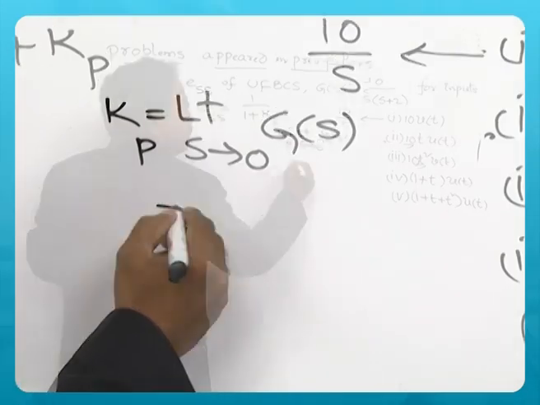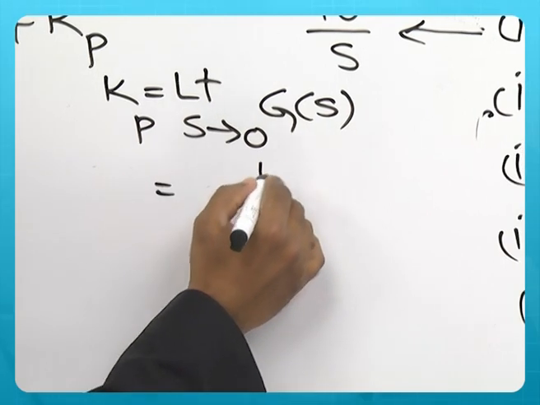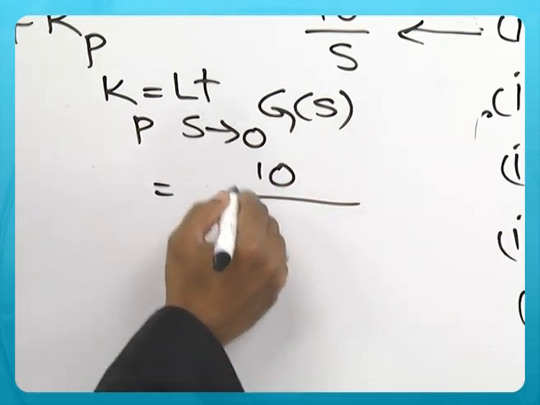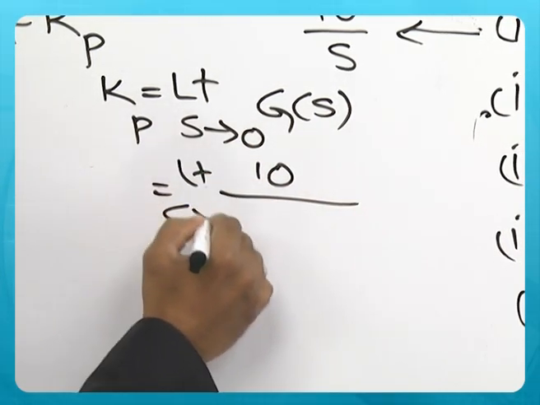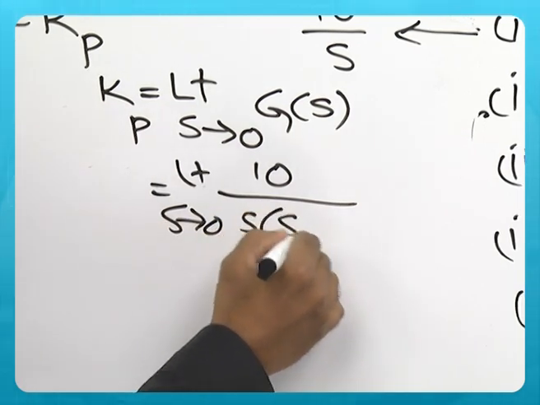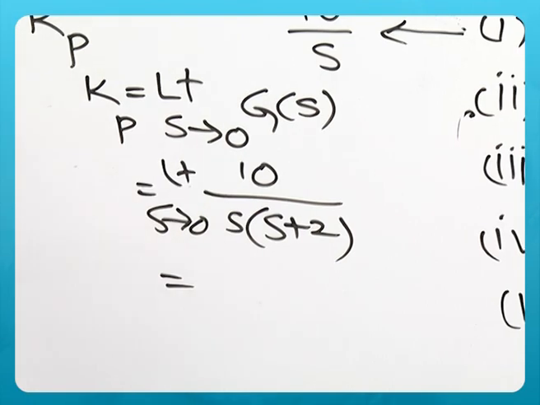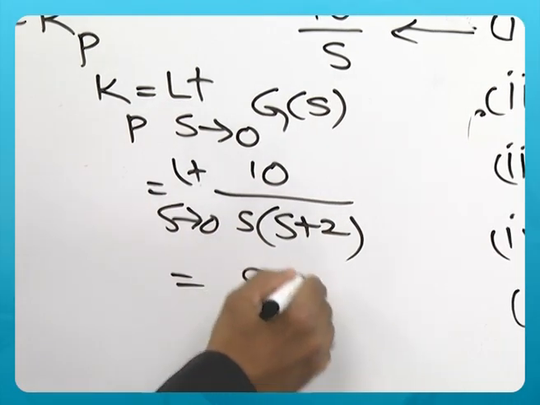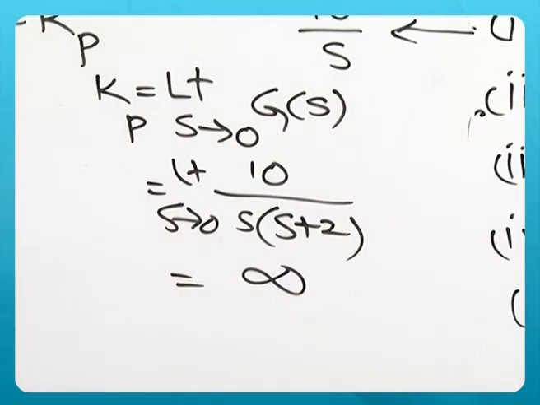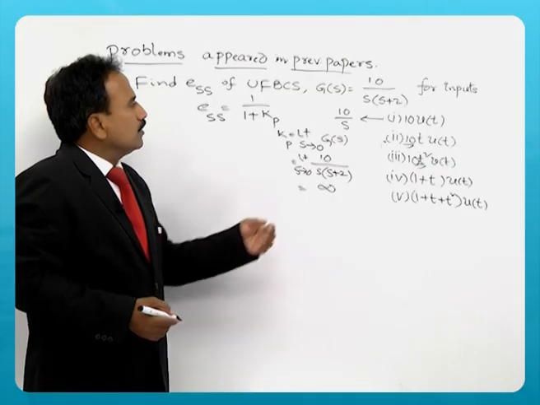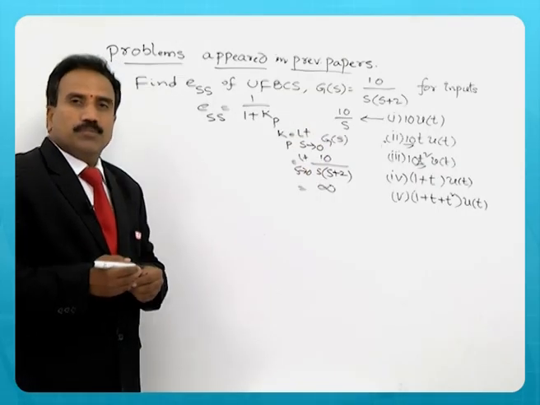Now, if you substitute, limit s tending to 0 of 10 by s into (s plus 2), then this becomes infinite. That means the position error constant is infinite.